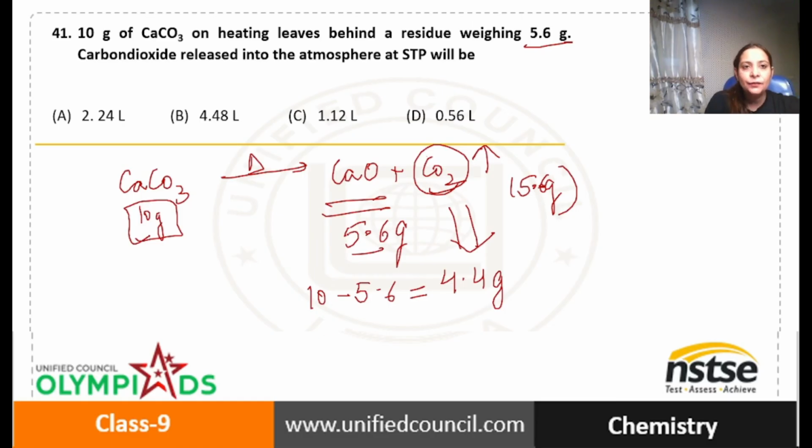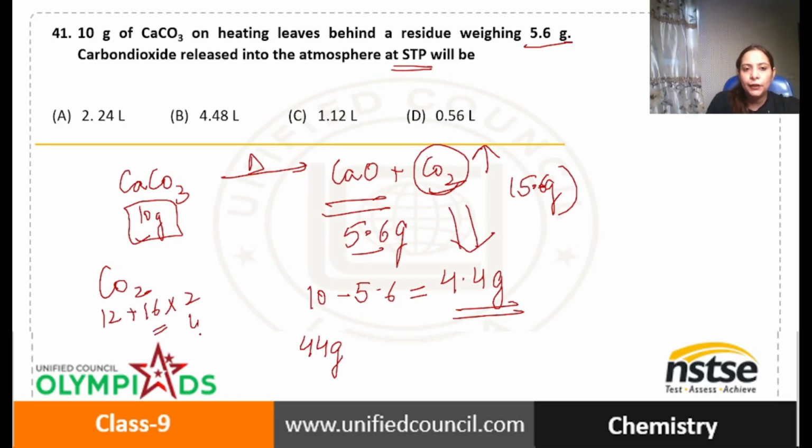Now, carbon dioxide released in the atmosphere at STP, we have to find the volume. How will we find the volume of this gas? The mass of carbon dioxide is 12 plus 16 into 2, which comes out to be 44 grams.